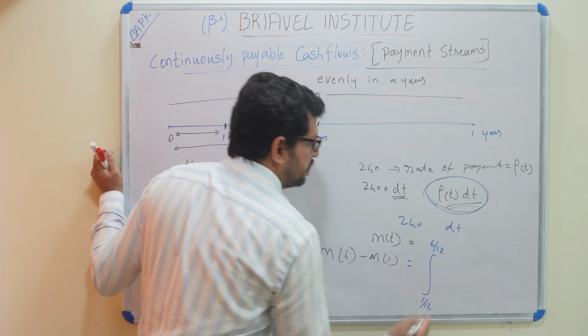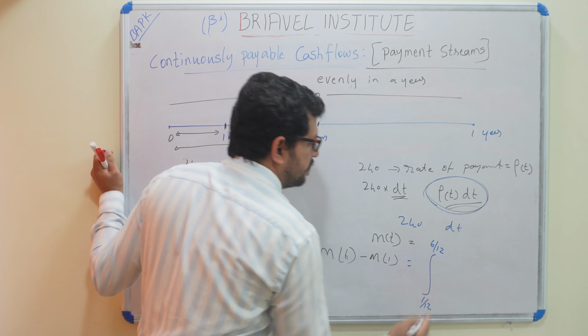This policy is issued for 10 years only. So from 0 to 1 year, they get 10,000 policies per year, evenly distributed and spread over the year.